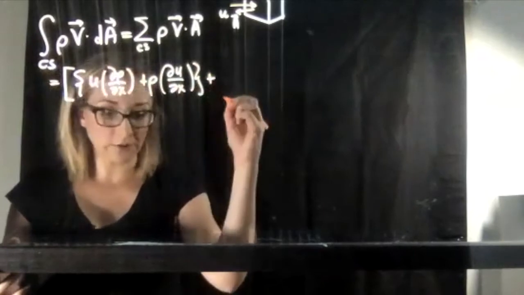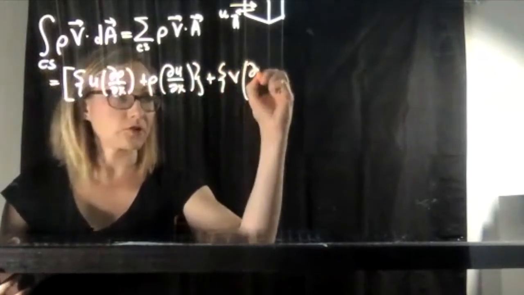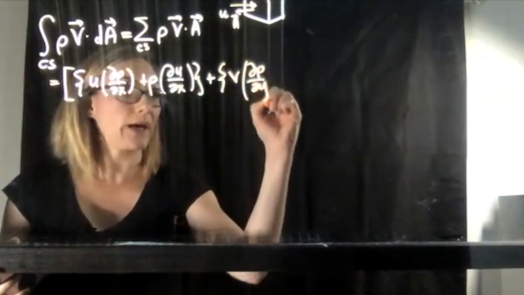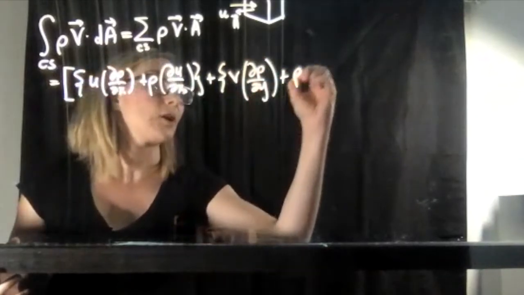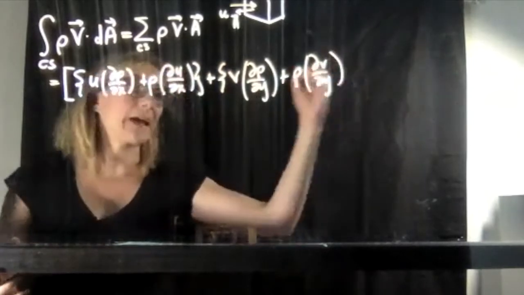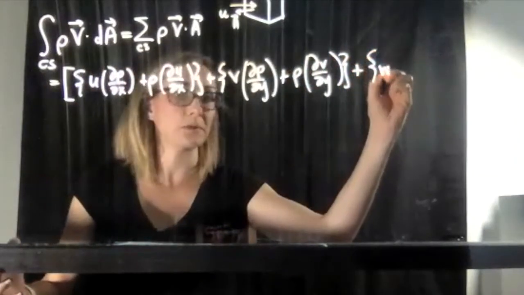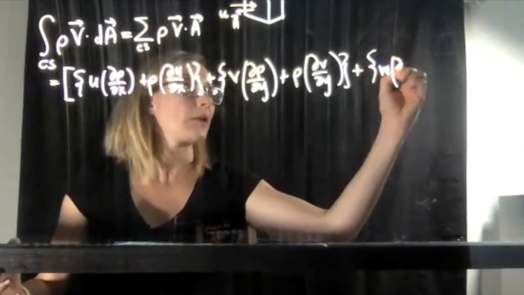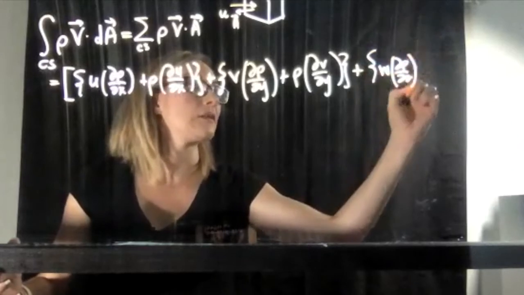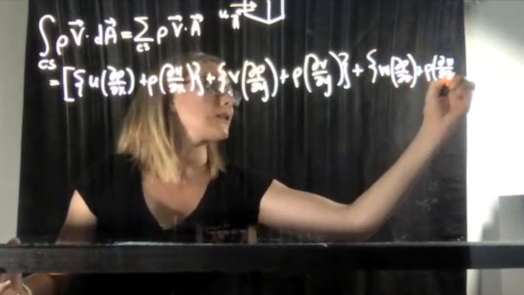In the y direction, we have a v partial rho partial y plus rho partial v partial y. And then in the z direction, we have a w partial rho partial z plus rho partial w partial z.